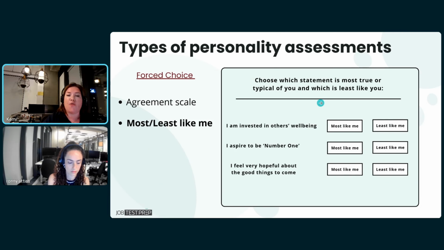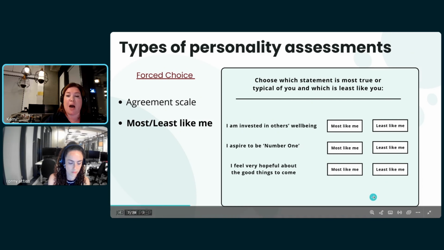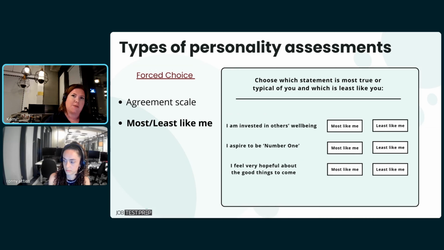I feel very hopeful about the good things to come. That is talking about the optimism scale, a person who is optimistic about things in life, looking at things on the bright side. It is very much a trait that is nice to have.